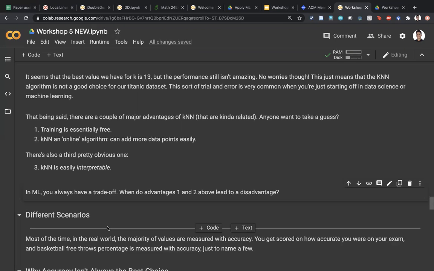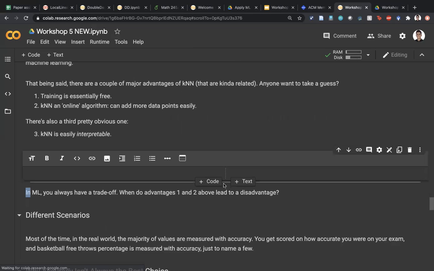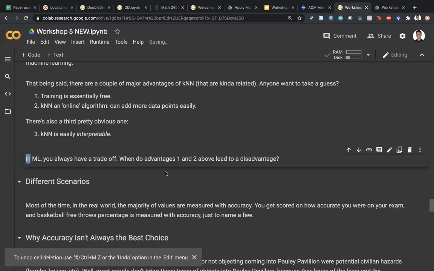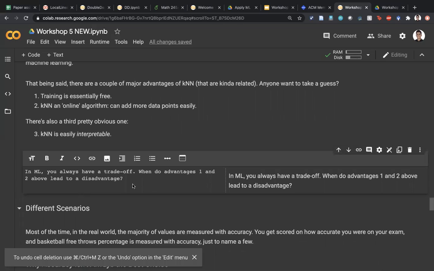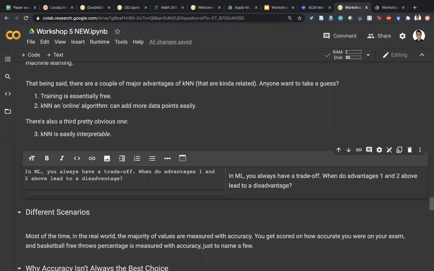But in KNN, although you don't have to spend any time actually training your model, when you're actually predicting, you have to loop through the entire data set to find the k nearest neighbors, and that can be an expensive process. So while training is relatively cheap, prediction can often be quite expensive.